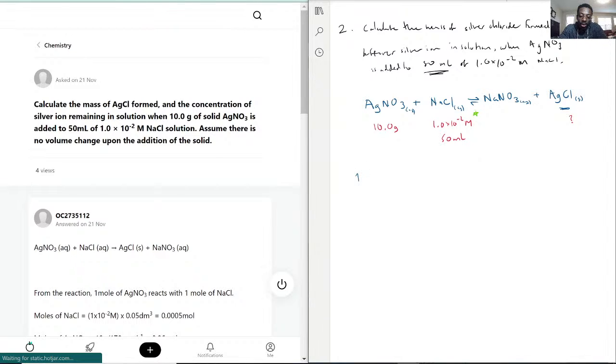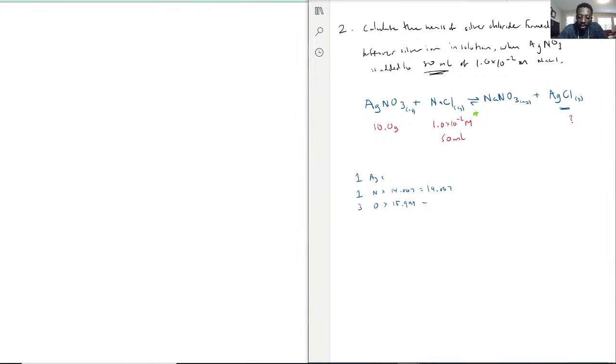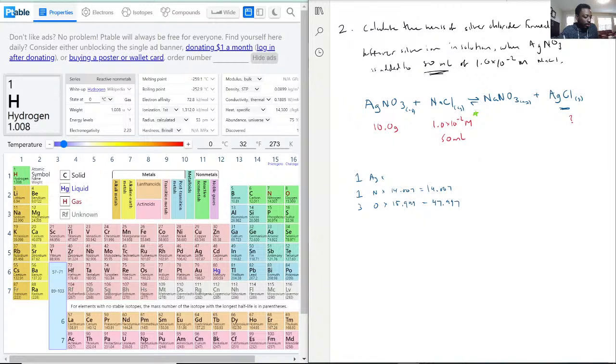So AgNO3: 1 silver, 1 nitrogen, 3 oxygen. Oxygen is 15.999, nitrogen is 14.007, and 3 times oxygen is 47.997, I think. 15.999 times 3, yep.